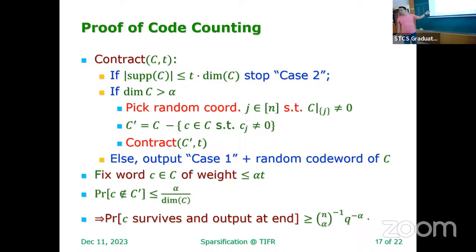You never needed to do this, because a graph of min cut C on I vertices will have at least I times C over 2 edges, so we know that the support size is always going to be large enough. In our case, the support size could get smaller, but if it gets smaller, we call it victory for a different reason and get out. Great, thanks. That was it.